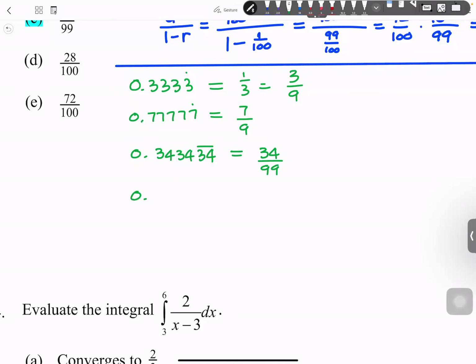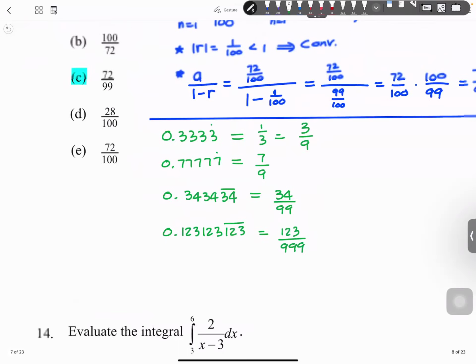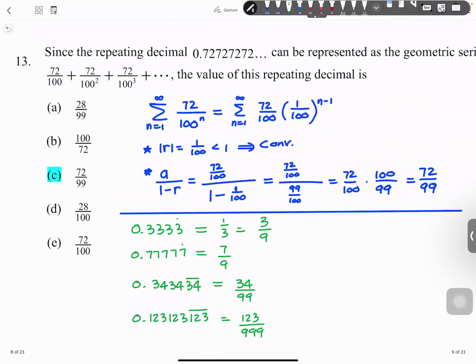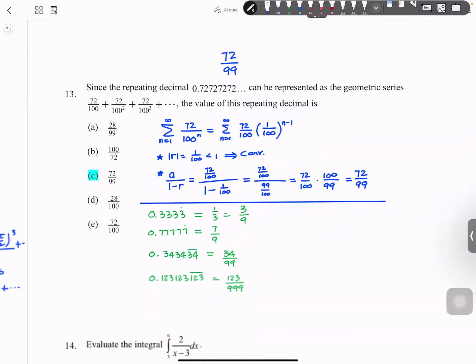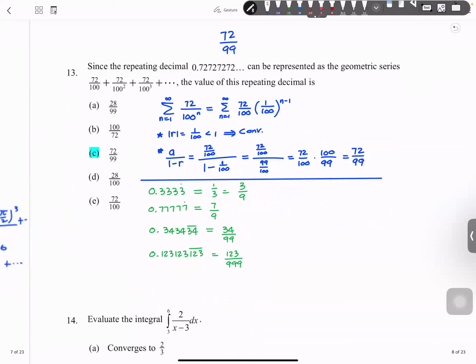Or if you had 0.123 repeating, with three digits repeating, what do you think you're going to do? 123 over 999, right? It's kind of the easy way to do this. So if you know that, how would you write this repeating decimal? 72 over 99. You see, it's the same answer that I got. It just took me a fraction of the time.